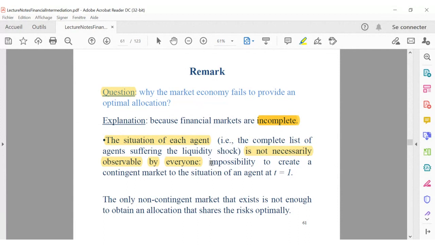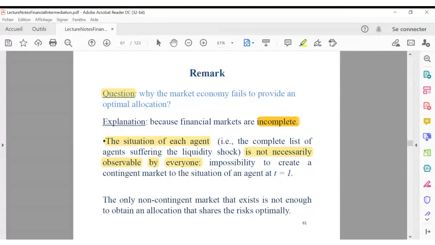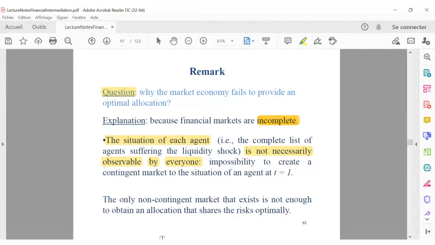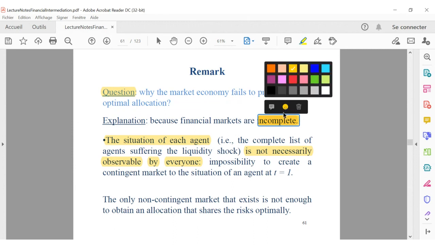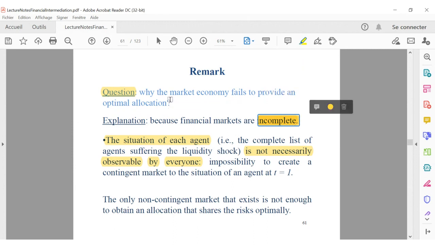So it is impossible to create a forward market, in which contracts would be signed at t equal 0 and executed at t equal 1 for those who would suffer the liquidity shock at t equal 1 only. Okay, so markets in our case are incomplete, and this is why the market economy fails to replicate the optimal allocation.